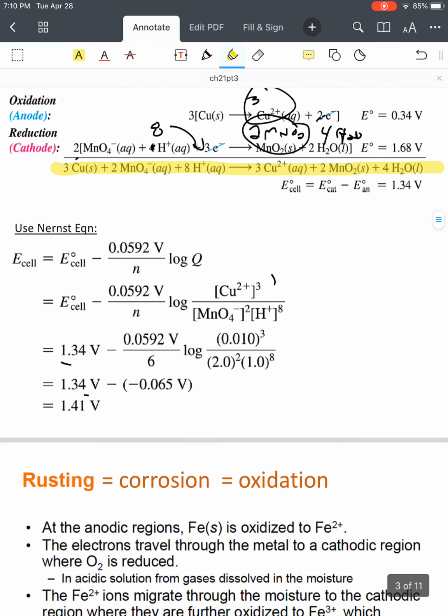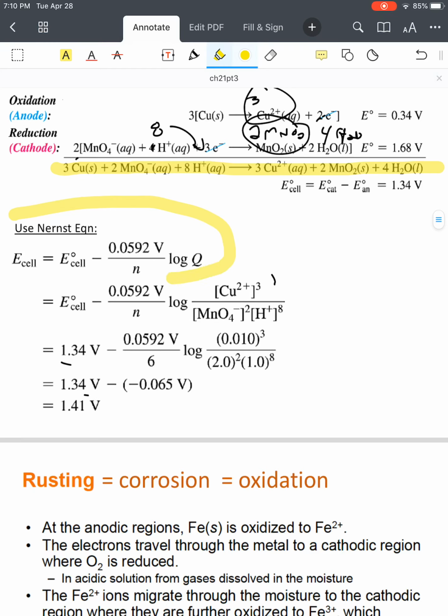And that's what I do. So I go to the form of my Nernst equation that we just learned about. E cell is equal to E naught cell minus 0.0592 volts over n times log of Q, the reaction quotient. And I start plugging and chugging, figuring out what my non-standard cell voltage will be. It's as simple as that, okay? That's where we're headed from here.